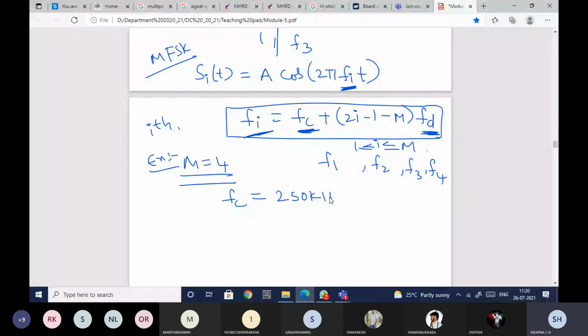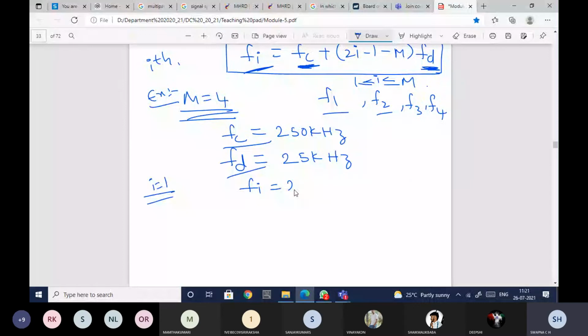So just rearranging it, Fi will be equal to 250 into 10 power 3 plus (2i minus 5) into 25 into 10 power 3.